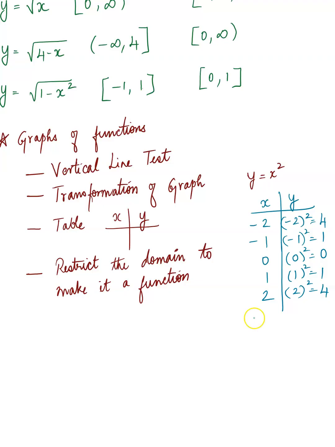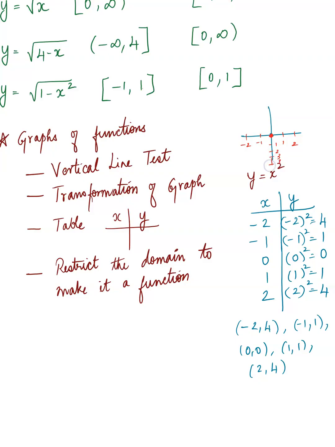You can go ahead and plot them, right? -2, 4, -1, 1, 0, 0, 1, 1, 2, 4. So if you go to your graphing grid, then you have 0, 0. Then you'll have the -2, so that's -1, -2, 1 and 2, 1, 2, 3.